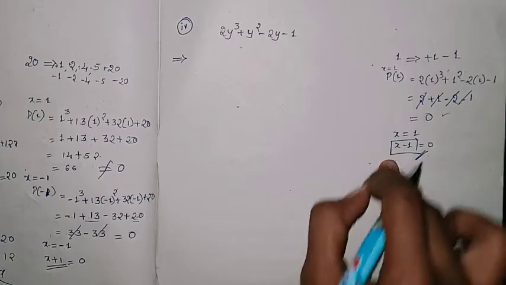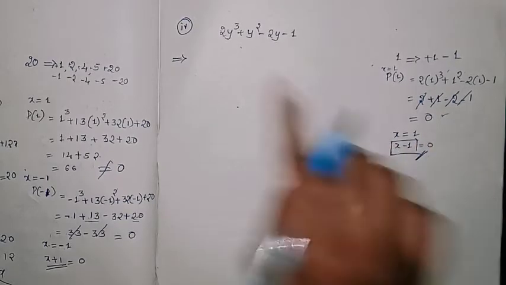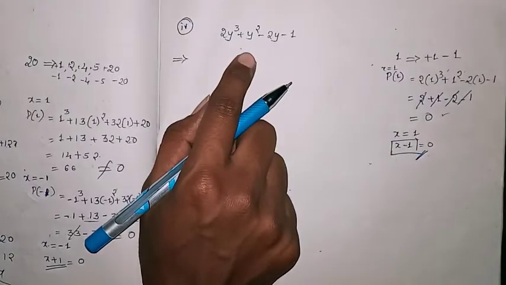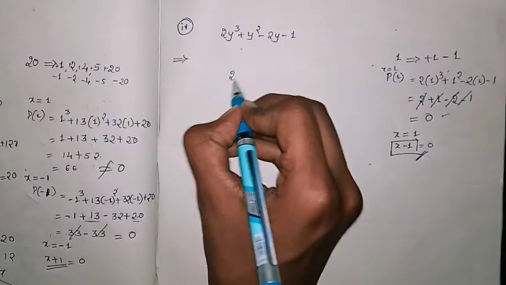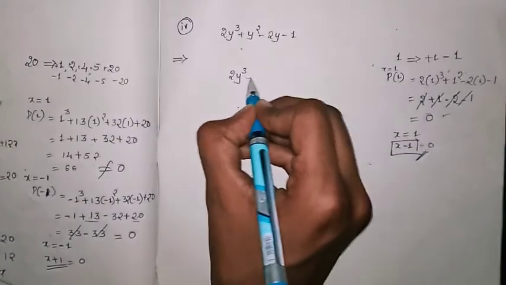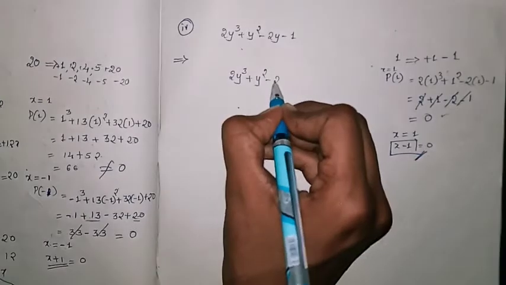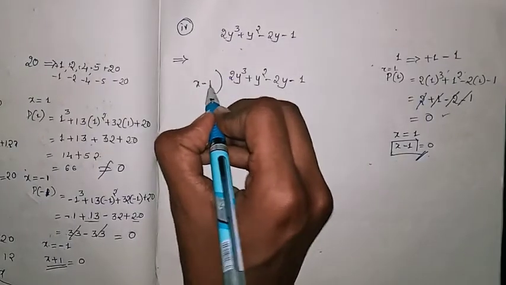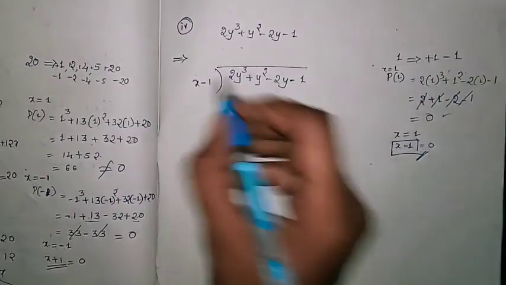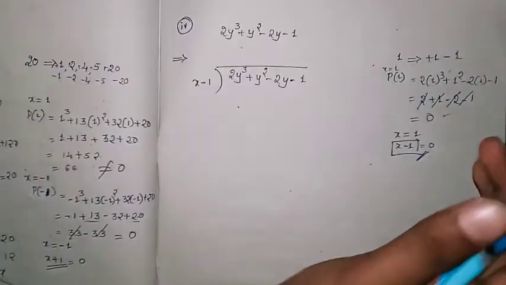Yes, so if x minus 1 is the factor, then you have to divide this given polynomial by x minus 1. So by long division method, 2y cube plus y square minus 2y minus 1 divided by y minus 1. Okay, so now you know the method how to divide the terms.